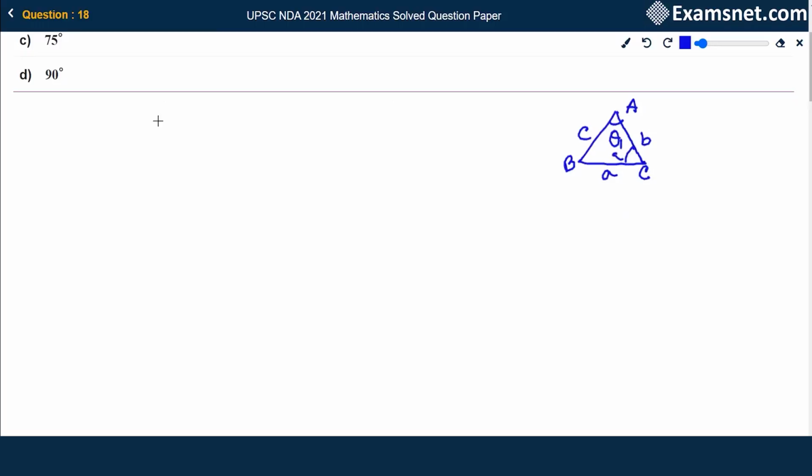Then we can write the value of cos theta, since theta is the angle between the sides a and b, as (a square plus b square minus c square) by 2ab. This is the formula. Now, with reference to this problem, let's draw another triangle.